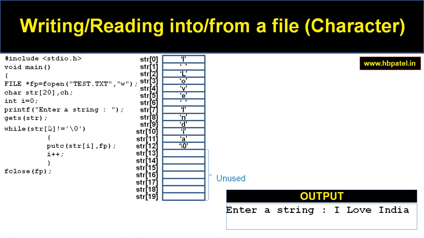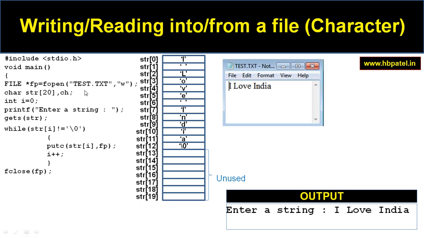So null is not equal to null is false, and it will come out and close the file. By that time you have I love India already written in the file fp, which means test.txt. If you open the file, you will see all these characters, I space love space India, and after the a we have end of file.